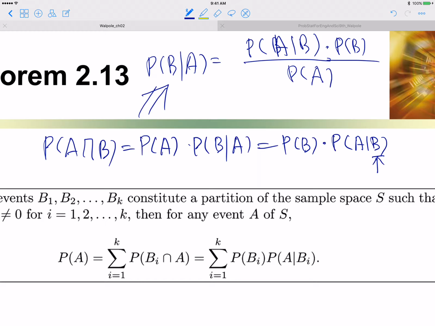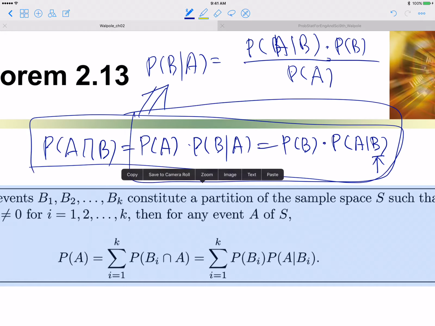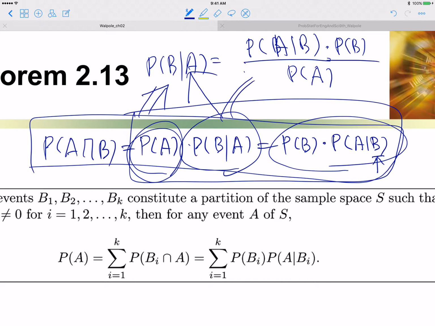These equations are true regardless of independence or not, so it's always true. If we focus on these two and bring this guy here, it's simply this divided by this, which is this part. So that's how we can understand this Bayes rule in, I guess, the simplest way.